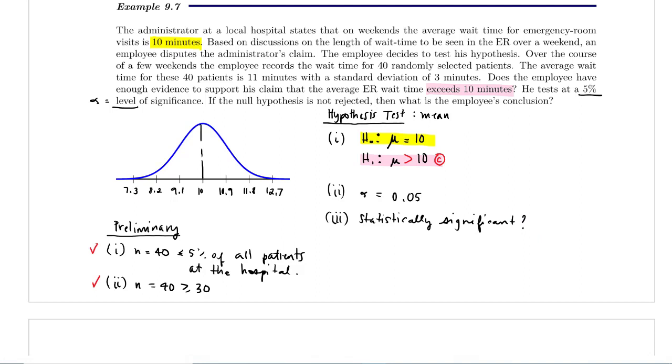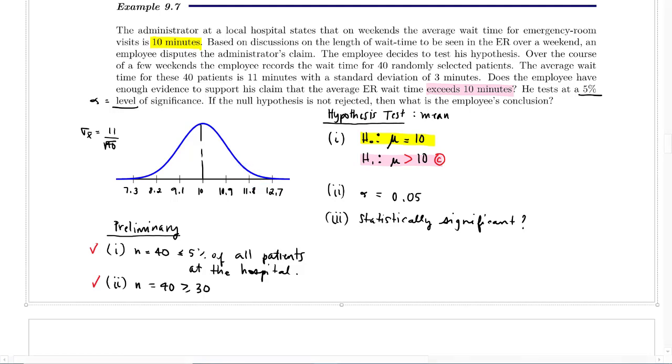So what I did already is I put 10 minutes in the mean, and then I took the standard deviation with respect to the sampling distribution as 11 over the square root of 40. And I just wanted to add and subtract it 3 times so it looked nice. And so really, if the alpha is 5%, here we go.